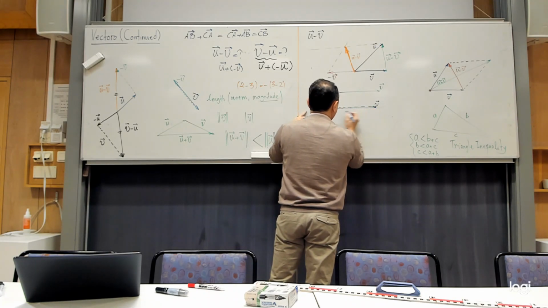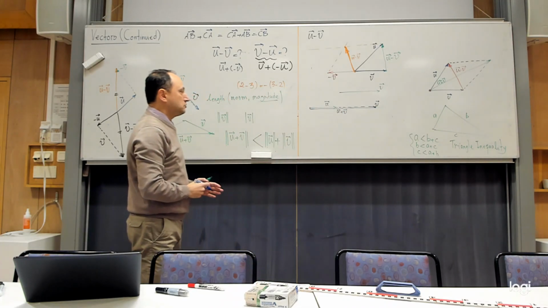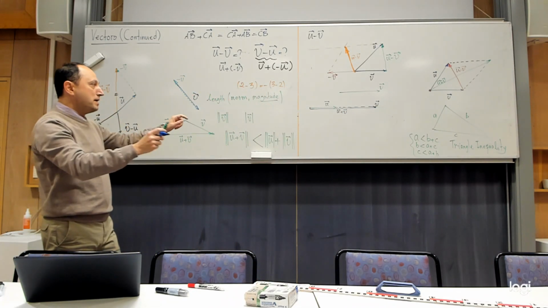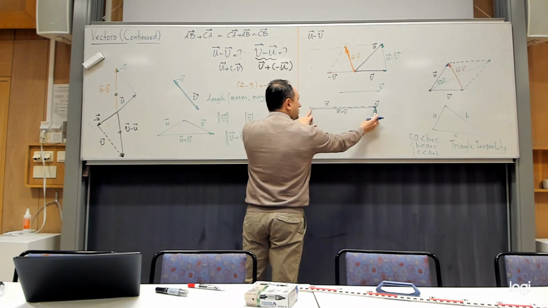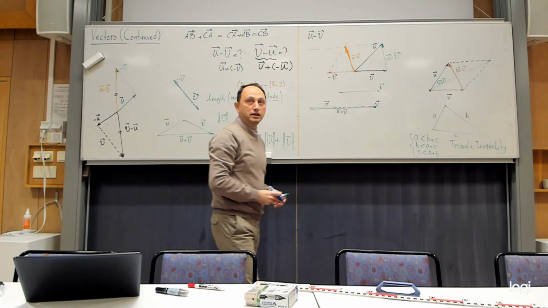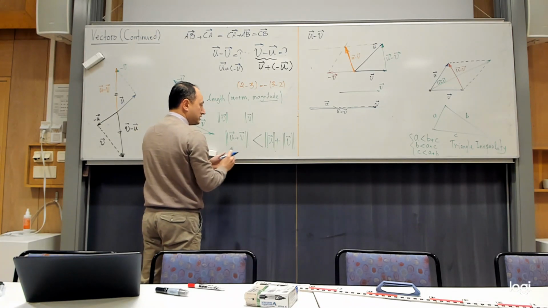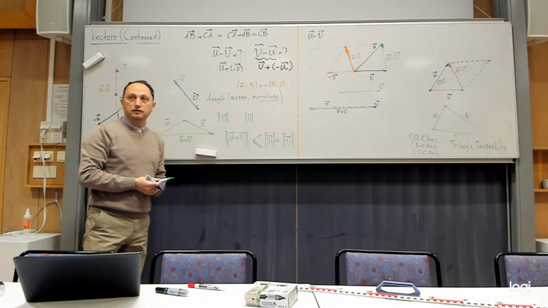So this becomes U plus V. Now, do you agree with this picture that if I measure the length of this new vector, it is exactly equal to the length of this one plus the length of that one, yes? So in principle, it is sometimes possible that they are equal.